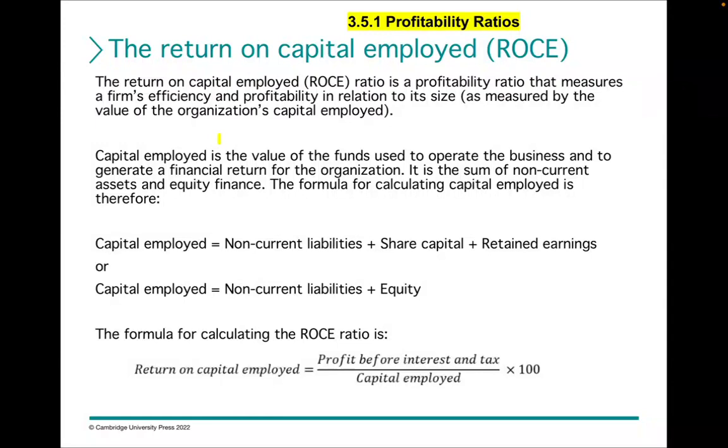Like I said, you have to get used to it. Capital employed is the value of the funds used to operate the business to generate a financial return from the organization. It is the sum of the non current assets and equity finance.